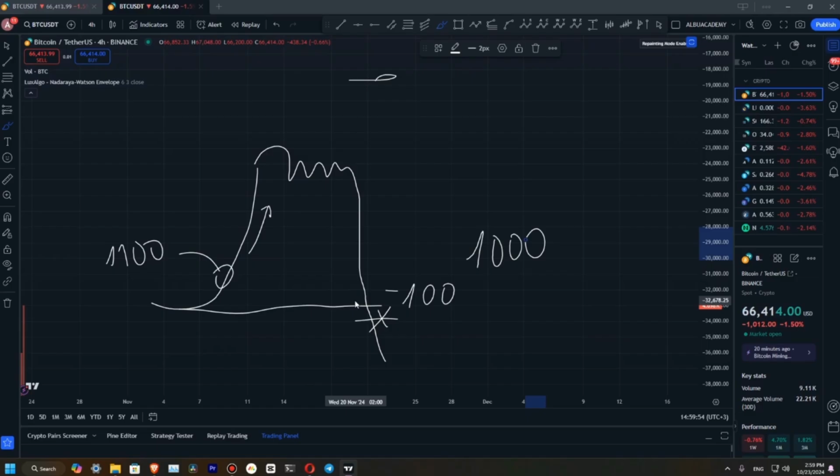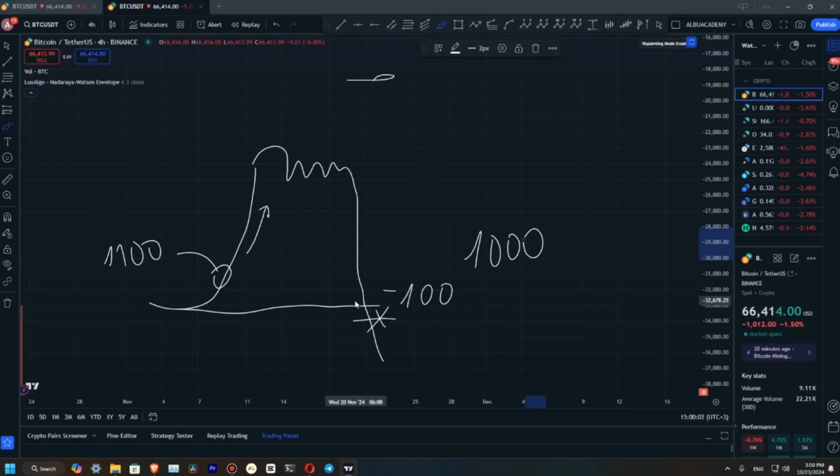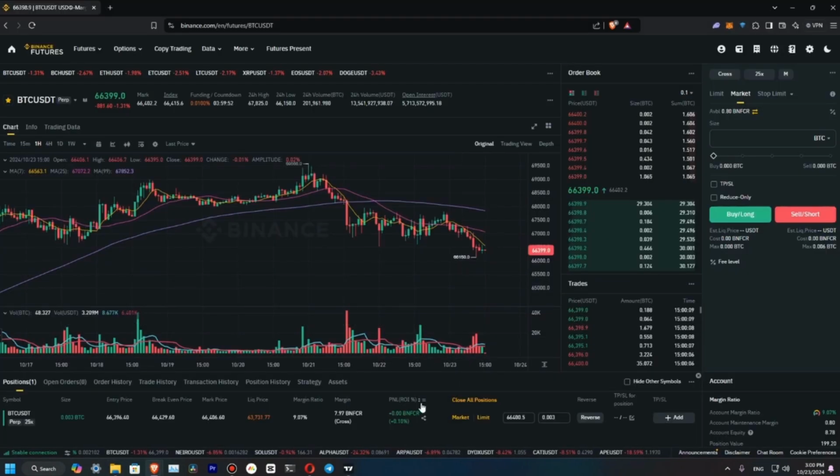So remember, leverage is not a magic solution. And I strongly advise you against using high leverage until we've completed our risk management lesson. Let's return to Binance. When you are trading, your target is not to get the most dollars at the moment. Your target is to get the best percentage.